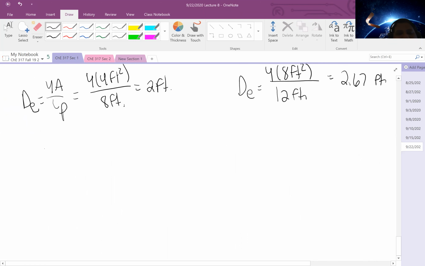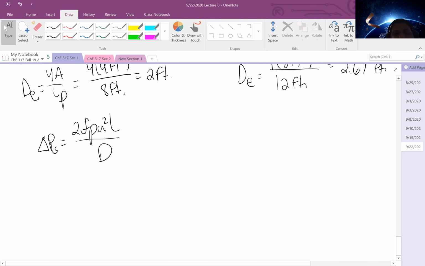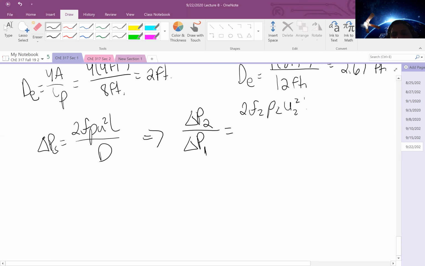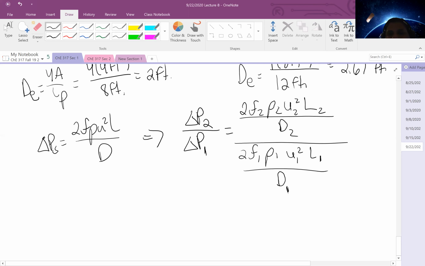Well, if I know my pressure drop due to skin friction is 2F rho U squared L over D, I can develop a comparison between case 2 and case 1 and say my delta P2 is 2 times F2 rho 2 U2 squared times L2 over D2 divided by 2 times F1 rho 1 U1 squared L1 over D1. The first thing I would ask myself is what values can I cancel?